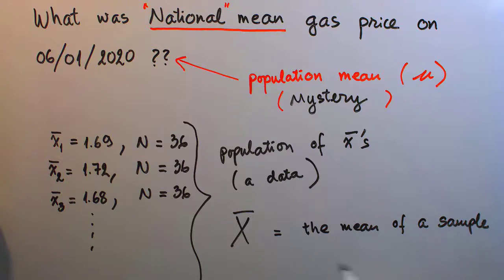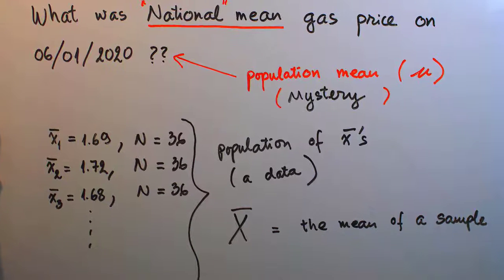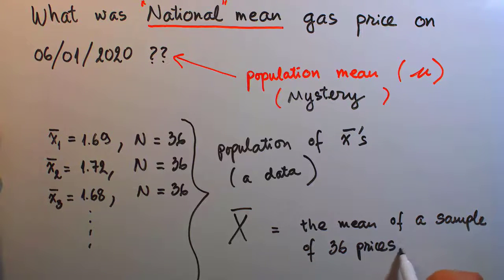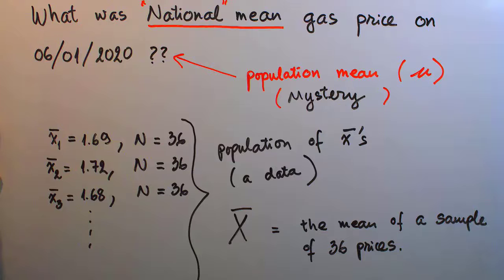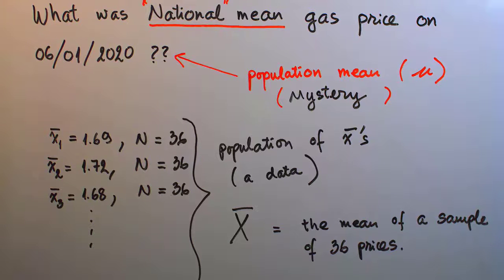And so here, particularly in this gas price problem, capital X bar represents the mean of a sample of 36 prices. So capital X bar is the mean of a sample of 36 prices. And so now, I believe I am the only instructor doing this, but I feel it's convenient to do the following.